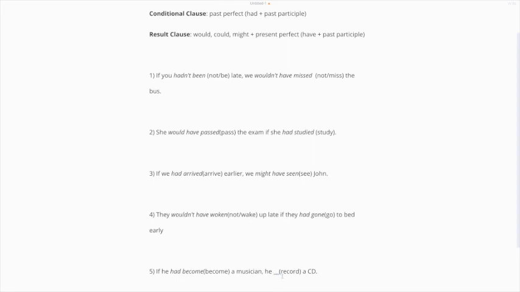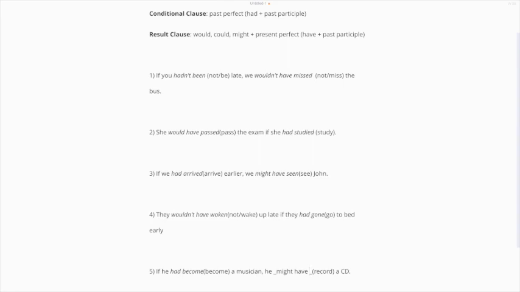Remember that we use a comma to separate these two. So we're going to start with a result clause. So we're going to use would, could, or might, and the present perfect. So we're going to start with, again, might. He might, and the present perfect, which is have, and the past participle of record.